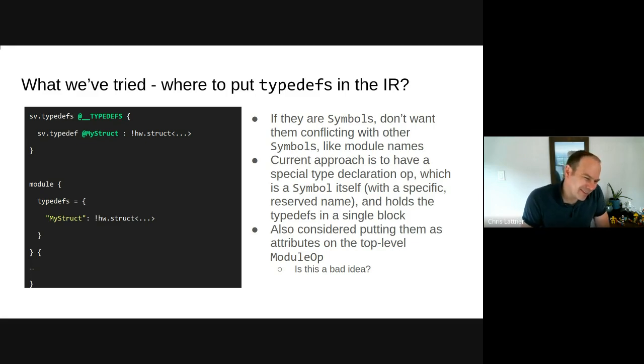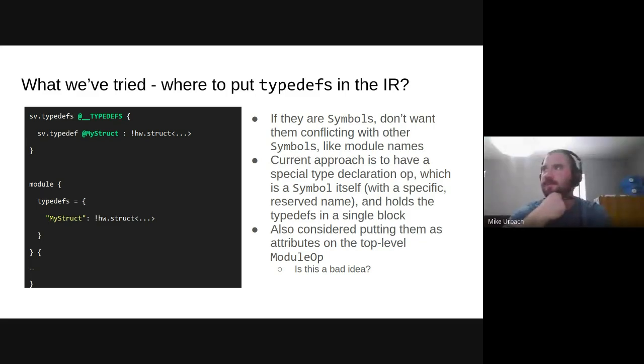So, I think another, while we're talking about crazy ideas, someone, I don't know if it was you, Chris, threw out the idea of a module with 2 regions, maybe having the type declaration stuff in the first region and then the body as we normally have it in the second region.